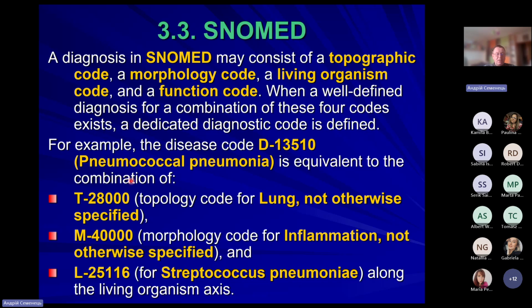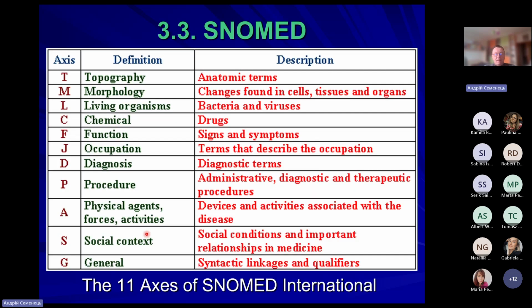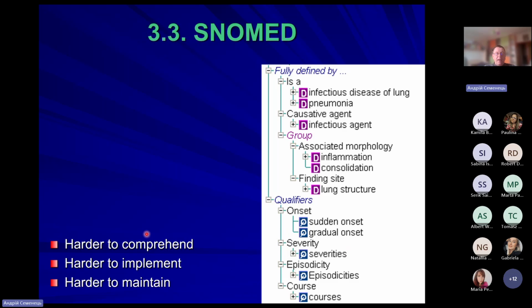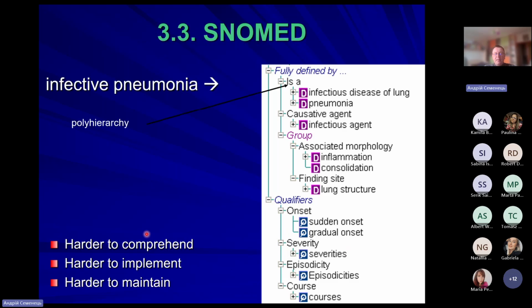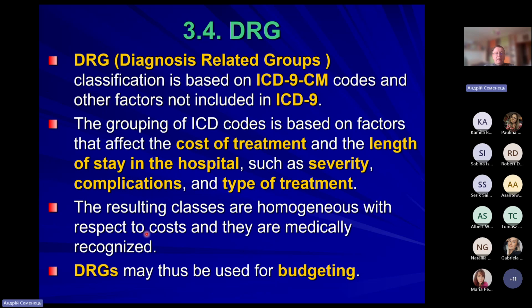So the same thing could be encoded in different ways in a nomenclature system. Here we have only listed axes for SNOMED, the basic axes. And here is again how we can organize and represent structure and necessary components to depict our diseases within SNOMED.